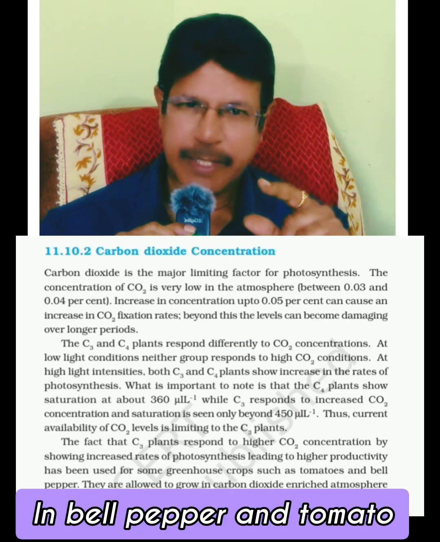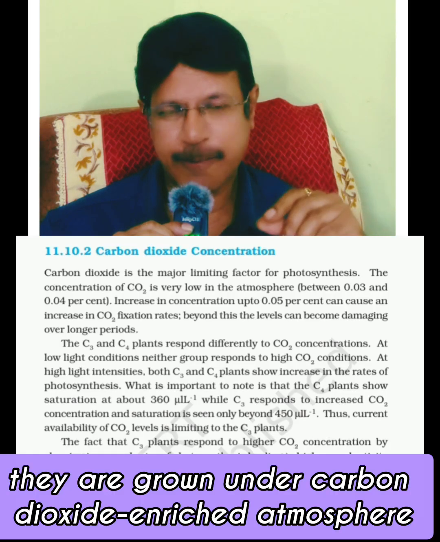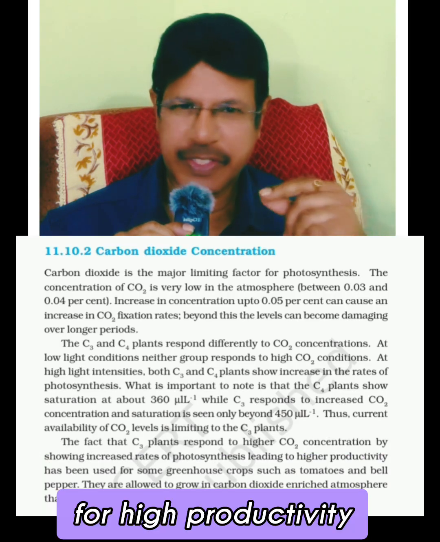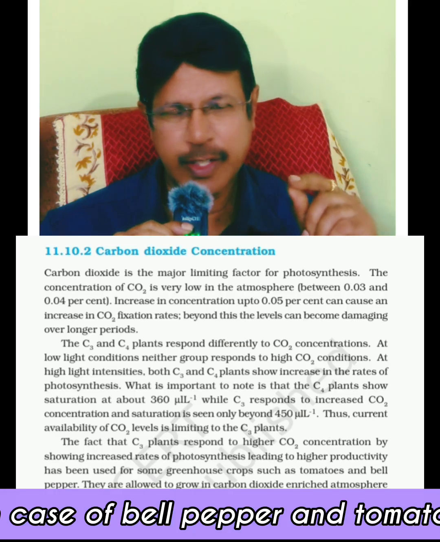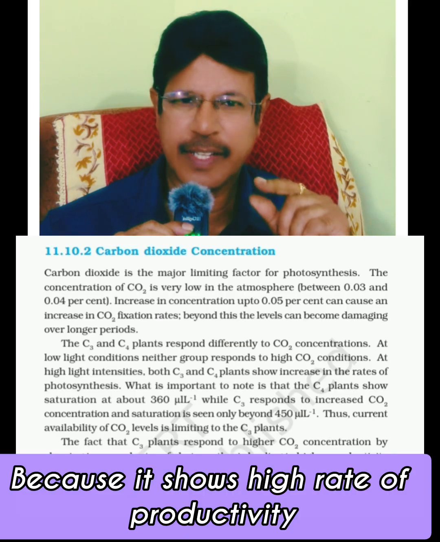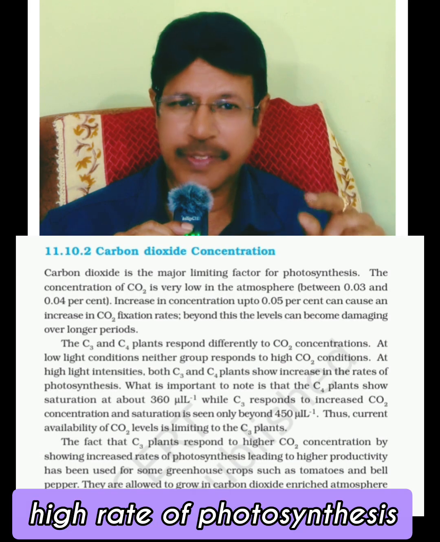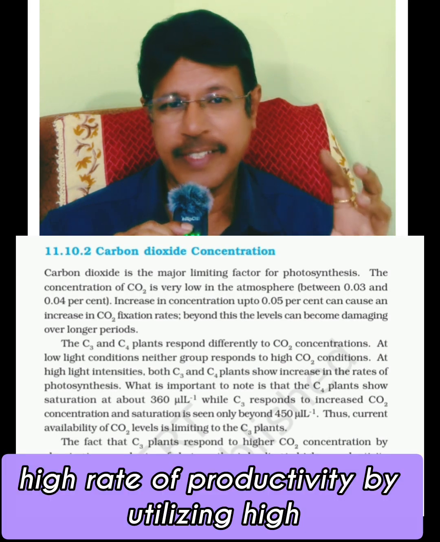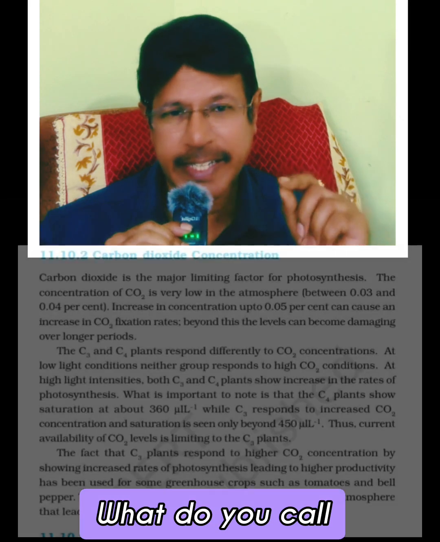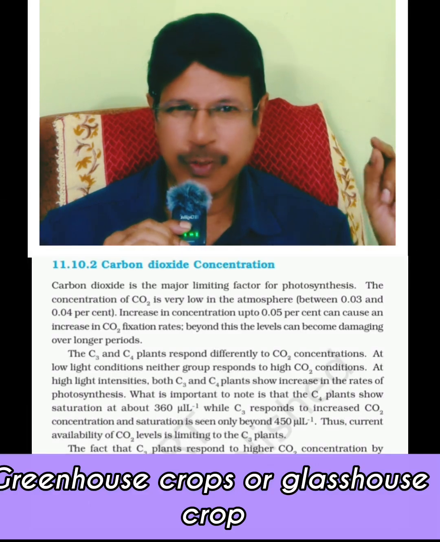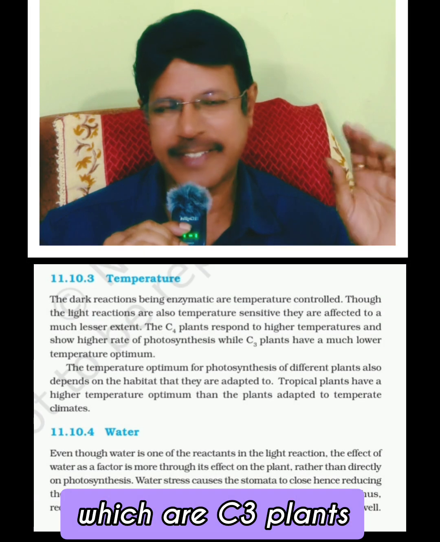Bell pepper and tomato are grown under a carbon dioxide enriched atmosphere for high productivity, because they show a high rate of photosynthesis and a high rate of productivity by utilizing a high concentration of CO2. What do you call greenhouse crops or glass house crops, bell pepper and tomato? They are C3 plants.